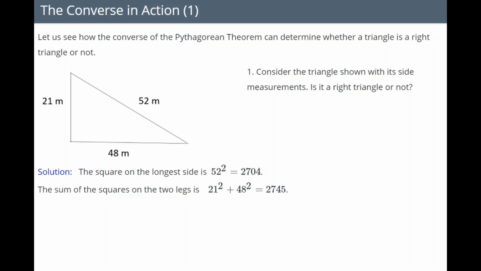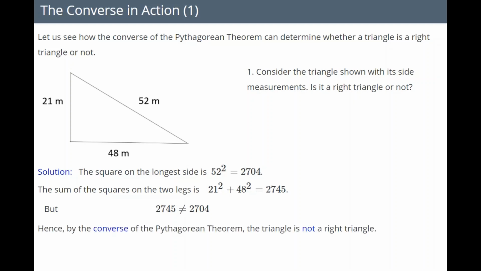The sum of the squares on the two legs is 21 squared plus 48 squared, and that comes out to 2,745. And so those numbers are not the same. So by the converse of the Pythagorean theorem, the triangle is not a right triangle.